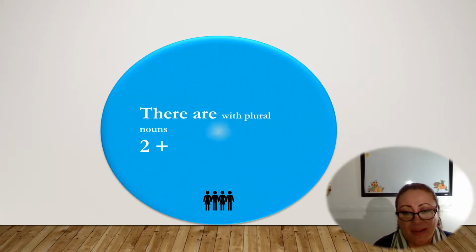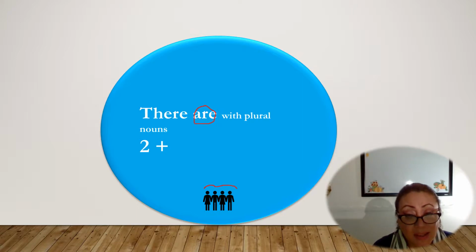So let's go to our next slide. And here, notice that with things that are more than one, so two and more, we use are. There are.